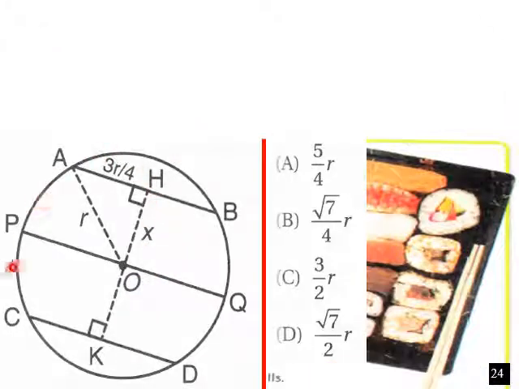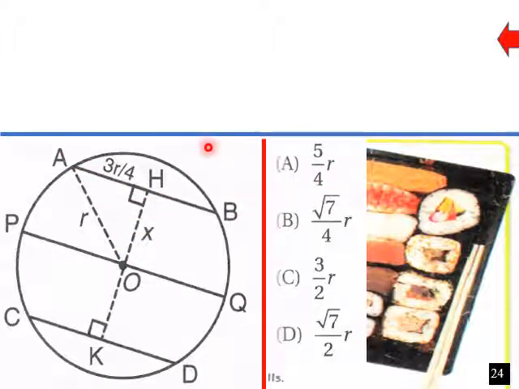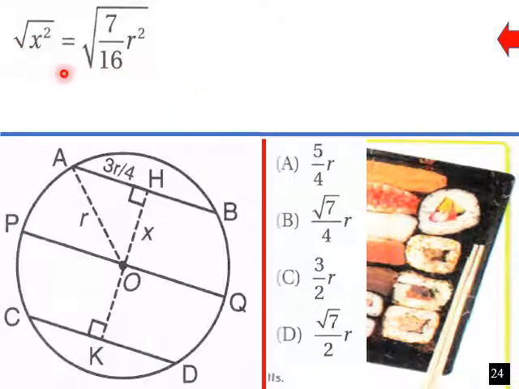Okay, so we have our circle here, and we have a radius and our different lengths. So when we take the square root of that, x equals the square root of 7 over 4 R.